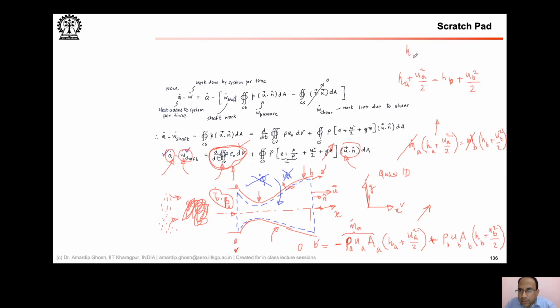This can be written as, it's called the stagnation enthalpy. So essentially hA plus uA square by 2. So when we add the static enthalpy and add the kinetic energy, you get h naught. Okay, so h naught A is equal to h naught B.